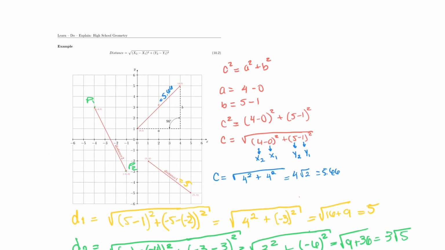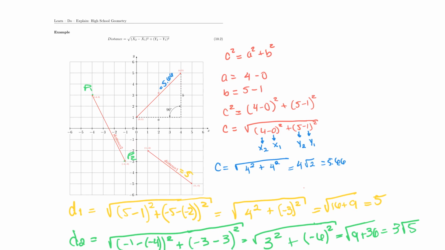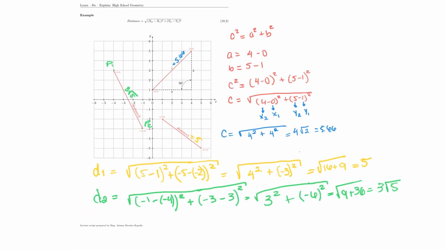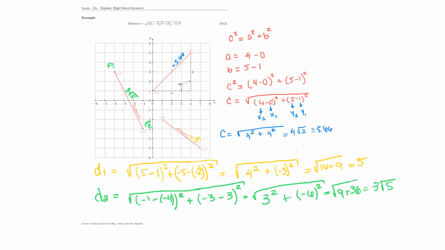So distance 2 is 3 square root of 5. This is how we calculate the distance between 2 points. So let's move on and do more exercises.